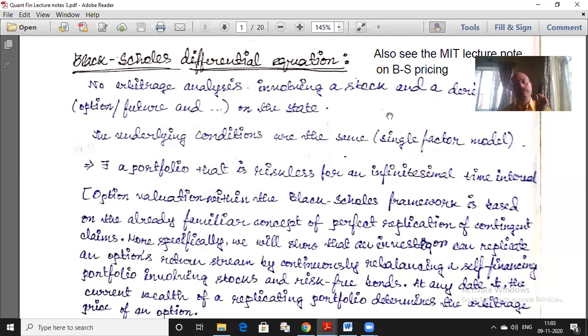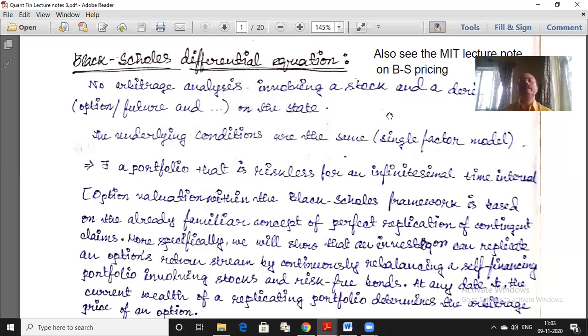Yeah. So that is the same kind of idea that we are going to use now, and our combination will be a stock and some derivative, let's say a call option on that stock, and we will use the no arbitrage principle in an infinitesimal time interval. Earlier, when we were in the discrete time model, we didn't have to make that idea clear because time was discrete.